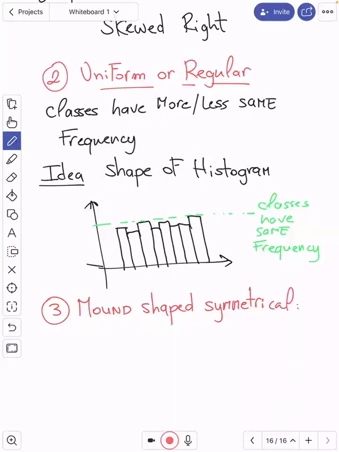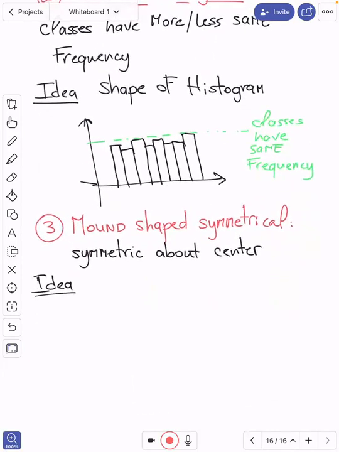The idea here is that the shape of the histogram would be symmetric about the center. For example, the histogram is going to look something like this here.